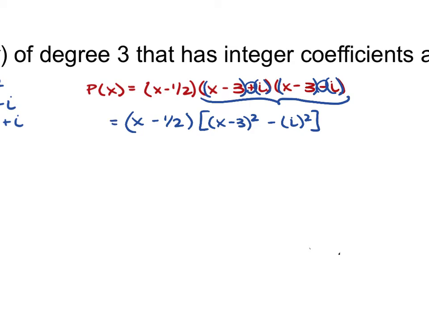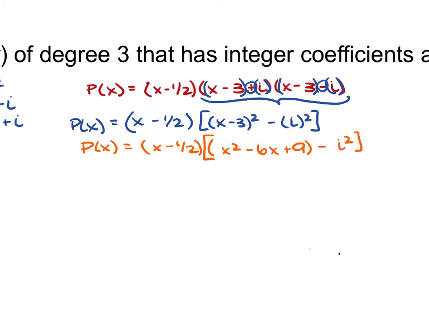When we multiply this, we've got to keep in mind our rules here, so that x minus 1/2 is not changing. That x minus 3 squared is going to give us x squared minus 6x plus 9. And that i squared is just i squared. The i squared is -1.